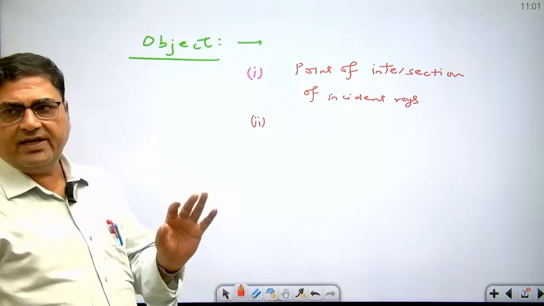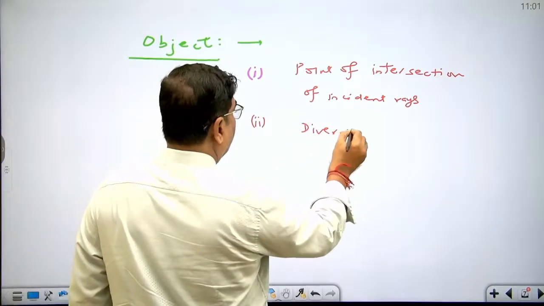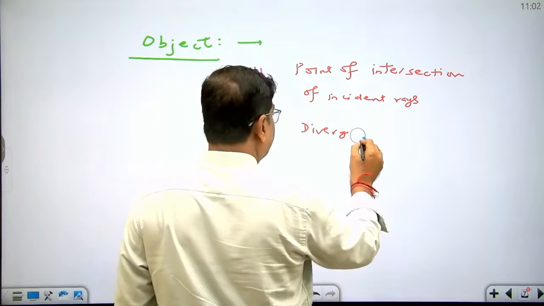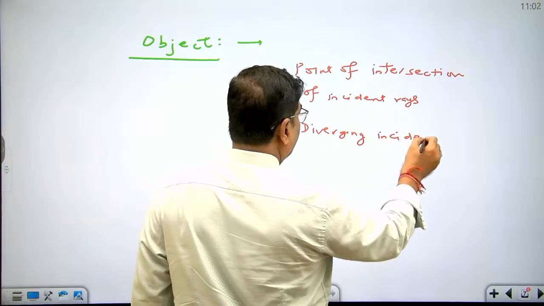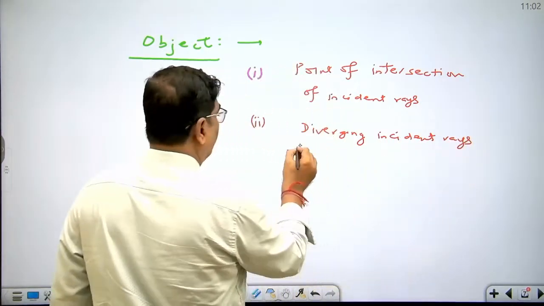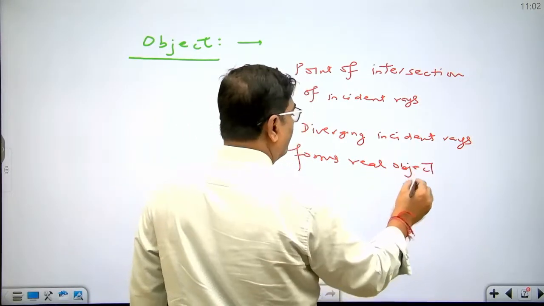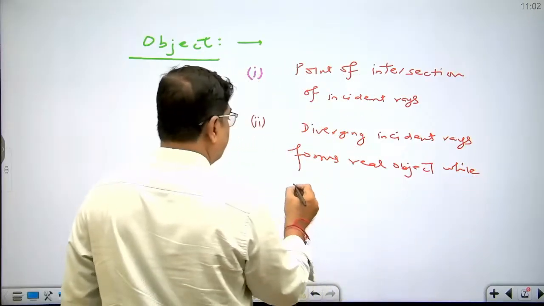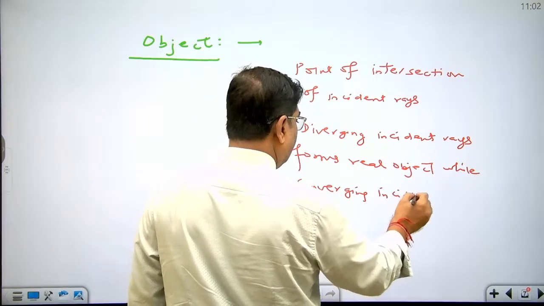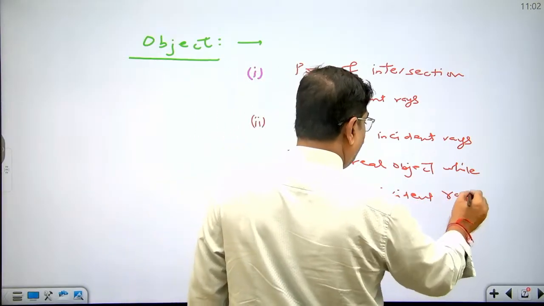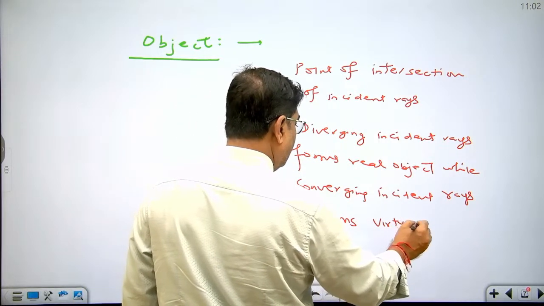Remember, diverging incident rays form a real object, while converging incident rays form a virtual object.